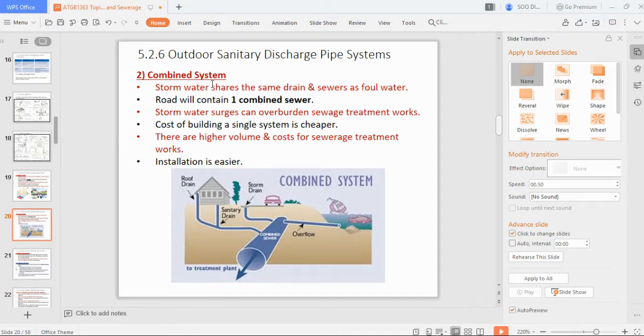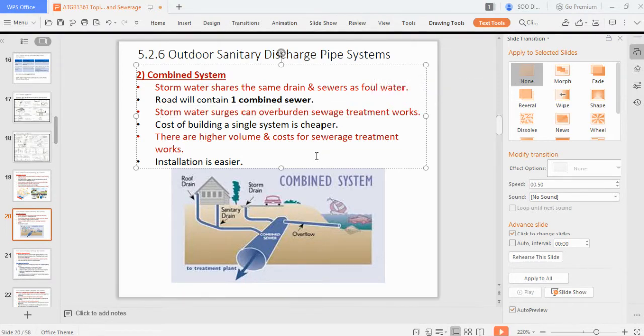So the second system is a combined system. So stormwater shares the same drain and sewer as foul water. So you only have one piping. So in this case, stormwater surge can overburden the sewage treatment plant.